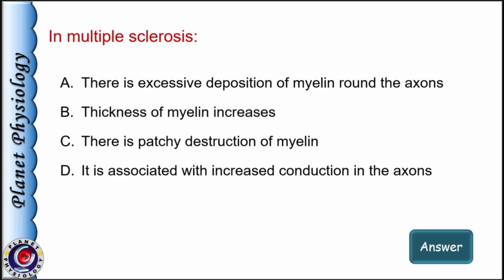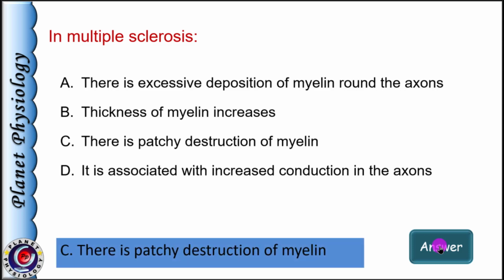And D. It is associated with increased conduction in the axons. As we have seen just now, multiple sclerosis is an autoimmune disorder associated with destruction of the myelin and hence decrease in the conduction velocity. Therefore, option C is the correct answer. In multiple sclerosis, there is patchy destruction of myelin.